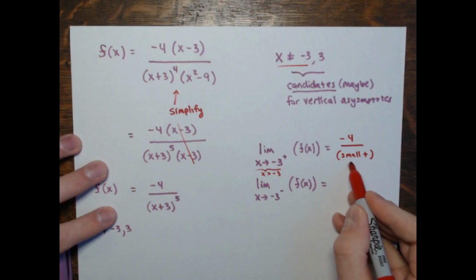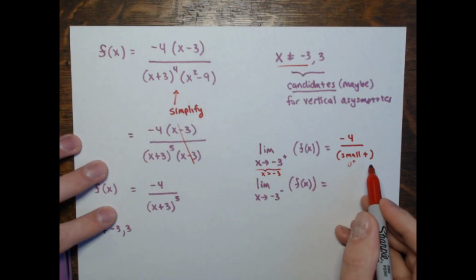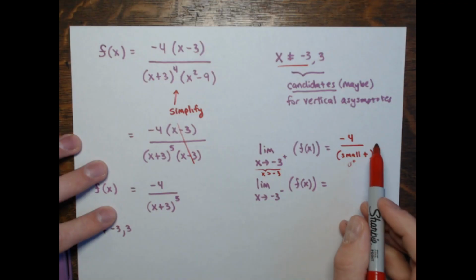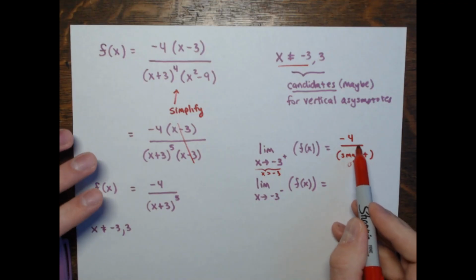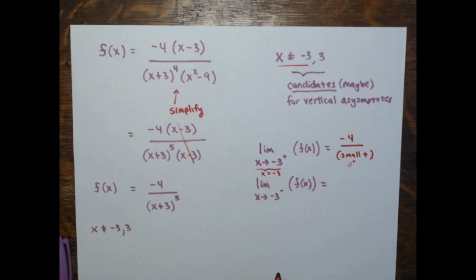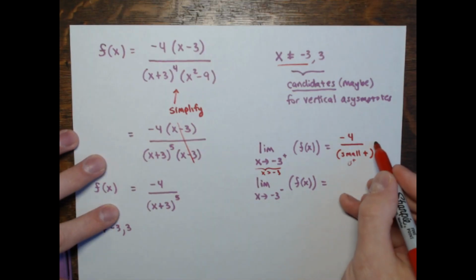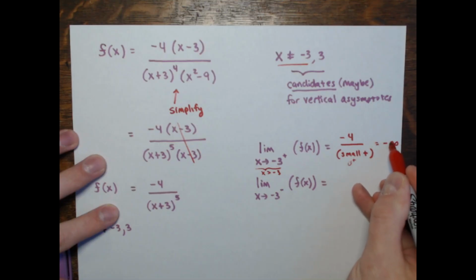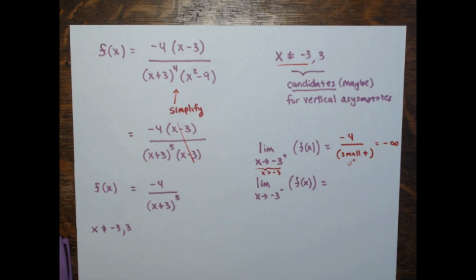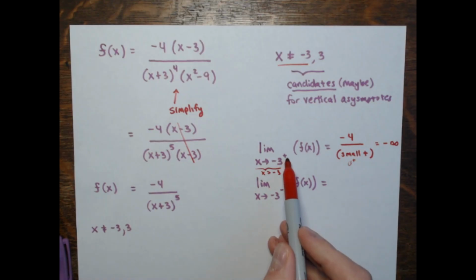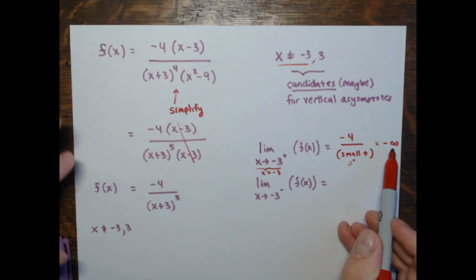Sometimes I've referred to this as 0 plus, just some small positive number. But you might recall that dividing by a small number is the same thing as multiplying by a large number. So this is going to be a large number, and a negative divided by a positive is negative. So negative large. All right, so the right side limit is negative infinity.